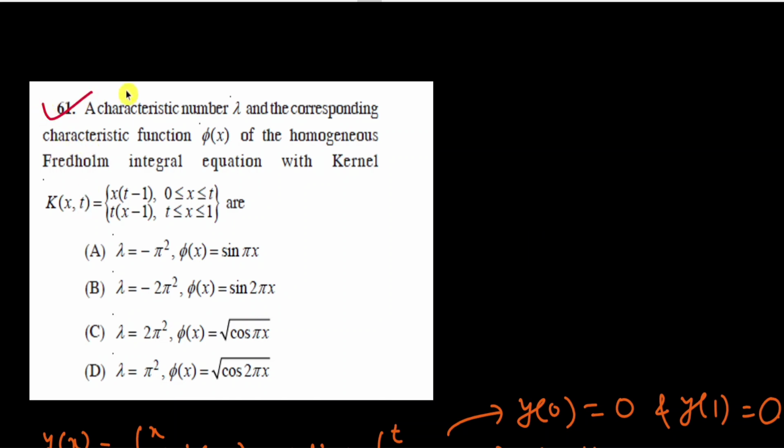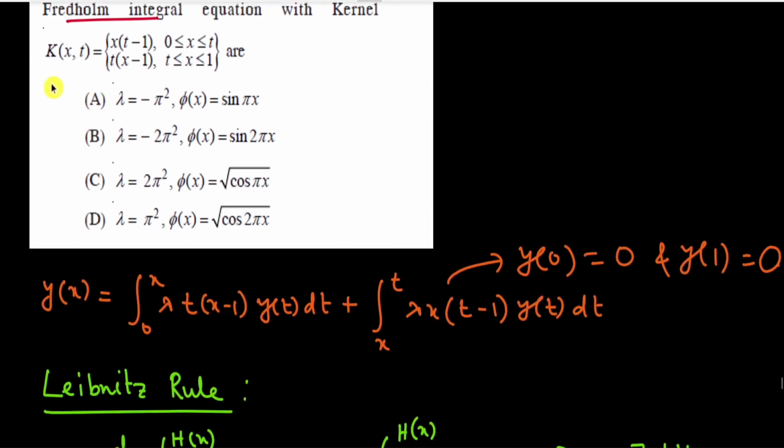Now question number 61 says: the characteristic number lambda of the corresponding characteristic function phi x of the homogeneous Fredholm integral equation. This question is also from integral equation where the kernel is given. Now we write the Fredholm integral equation in the form, integration 0 to x. Since t is the variable, we integrate with respect to t.